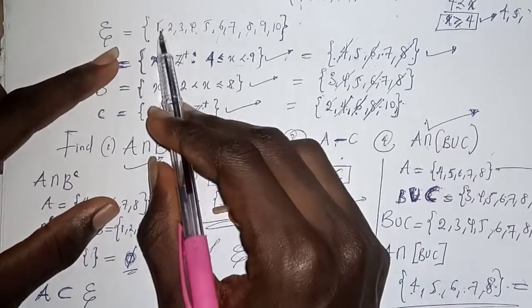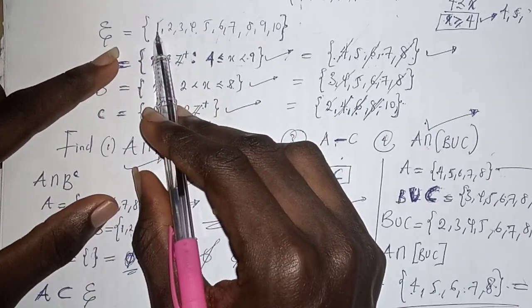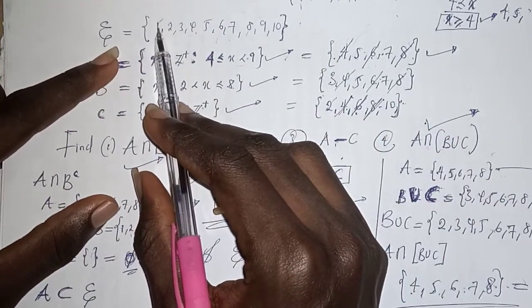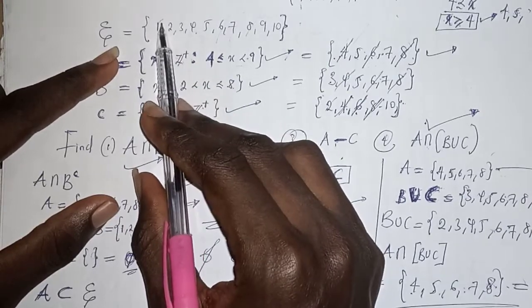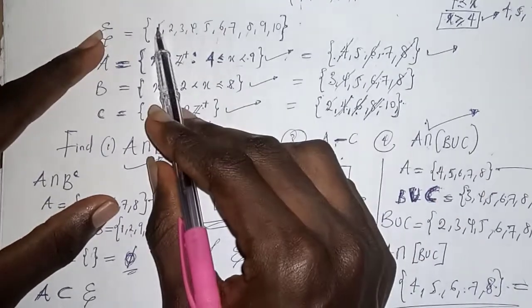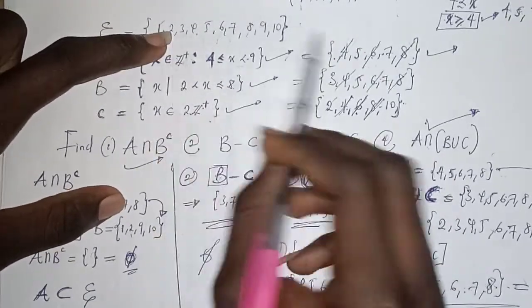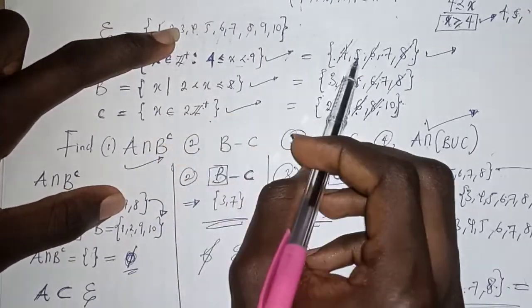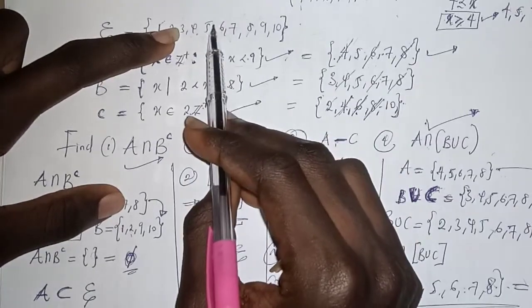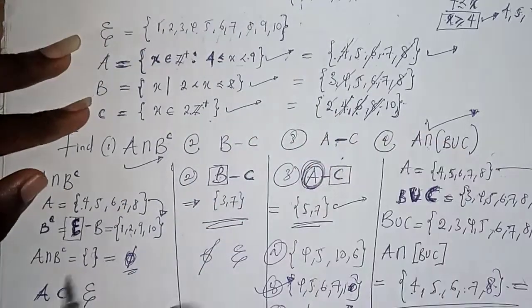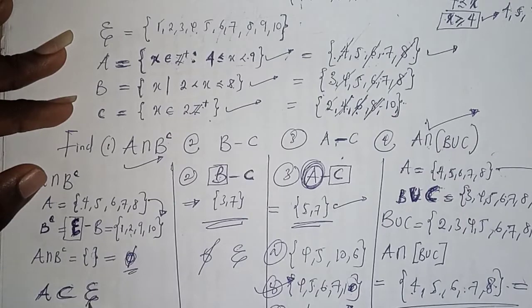So there exists at least one, and at least one simply implies I can have more than one element that is not contained in A. I have 1 here that is not in A. I have 2 that is not in A. I have 3 that is not in A. I have 9 and 10 that are not in A. So it's a proper subset of the universal set.